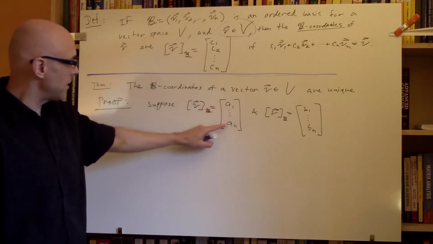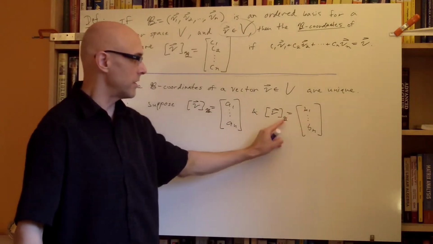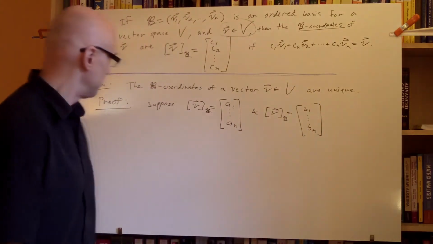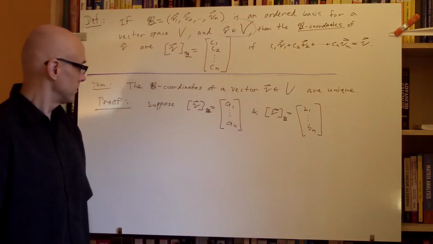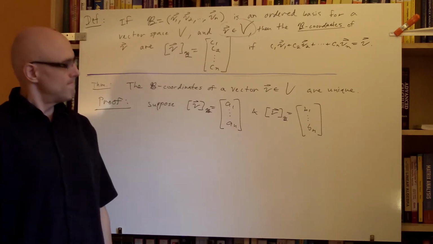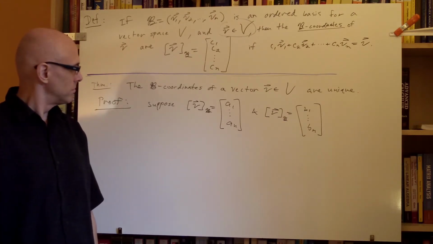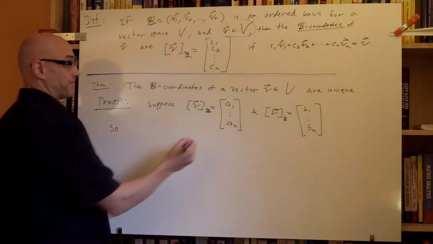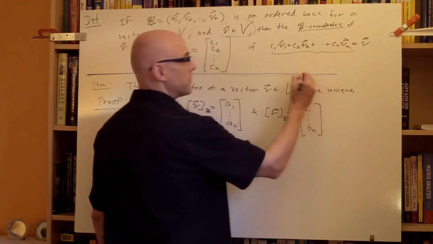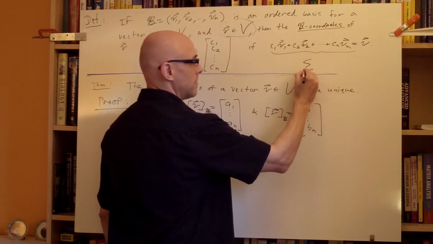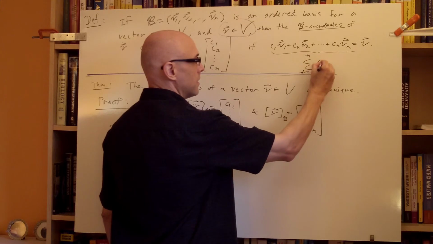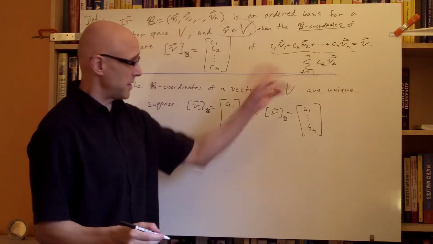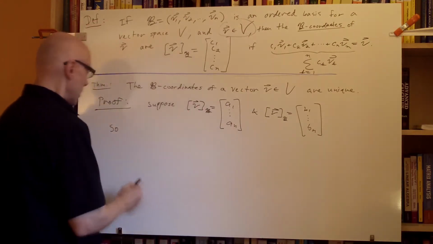So in other words, A1 to An are B coordinates for V, and also B1 to Bn are B coordinates for V. In other words, then, bearing in mind that this kind of a thing here you could write as the sum, as k goes from 1 to n, of C sub k, V sub k, a real space-saving notation, so we'll use that here.